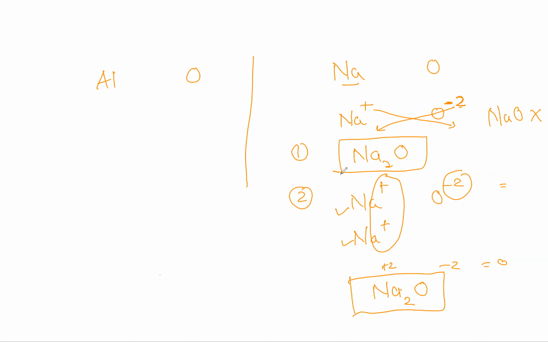It always ends up being positive, right? Yes. The number that we are writing here is called the subscript, and the subscript always has to be a positive number. Make sense? Yes, sir. Thank you.